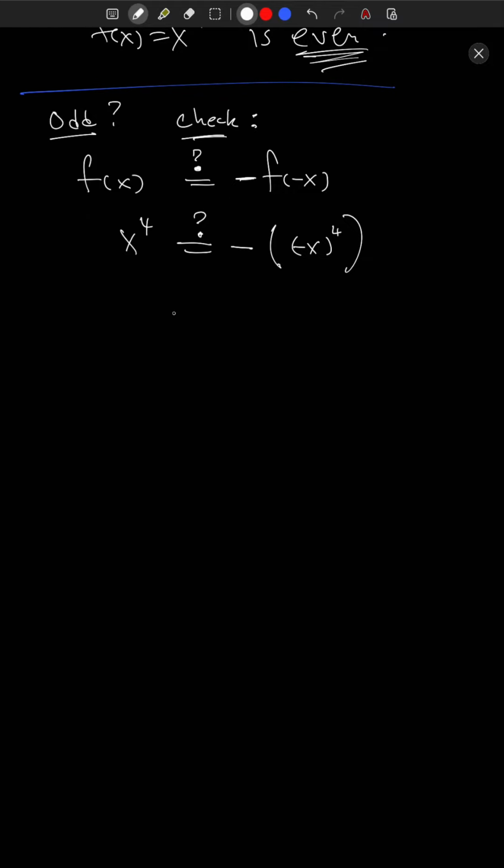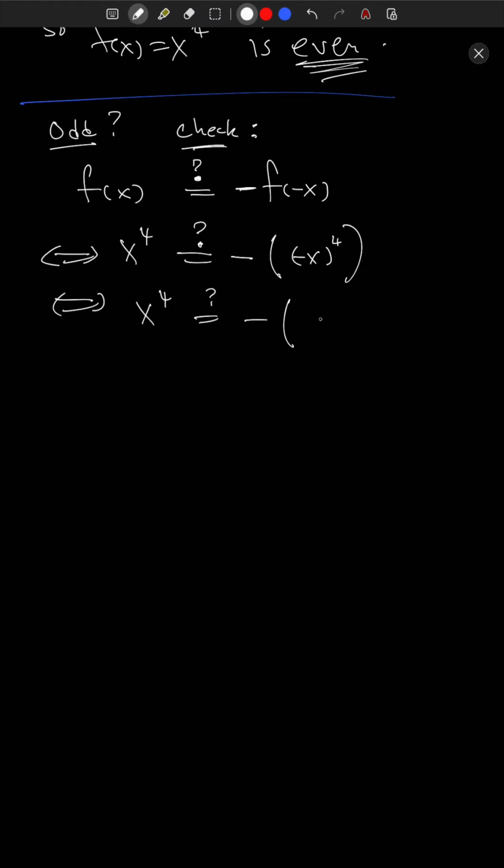Okay. Let's simplify this. So this is the same as x to the fourth. Is this equal to negative of, and I'm just going to do literally the same thing, minus 1 to the fourth, x to the fourth, right? But minus 1 to the fourth is 1. So this is asking, are these two the same? Minus x to the fourth.